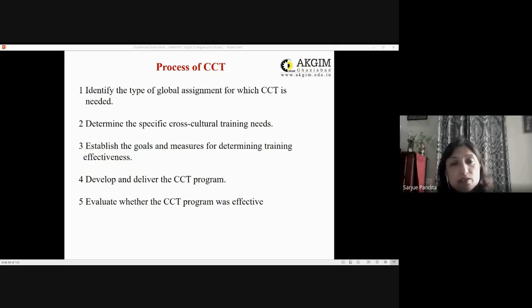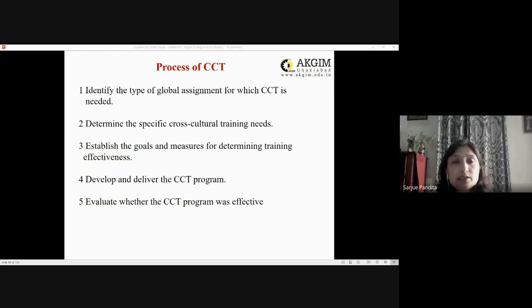So whether you are sending a person on technical, functional, developmental or strategic assignment, the intensity of CCT would be different.